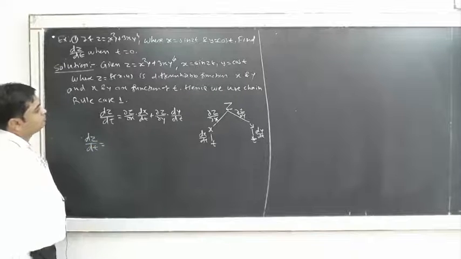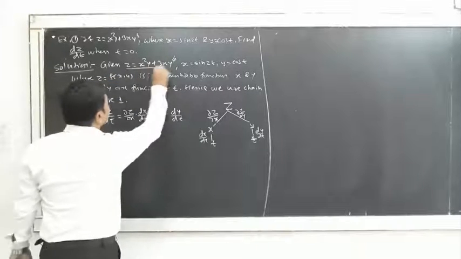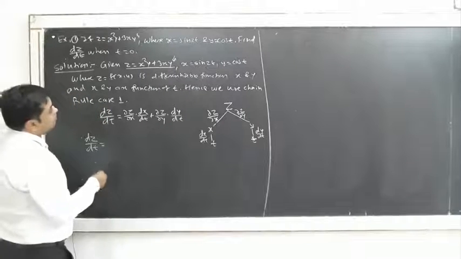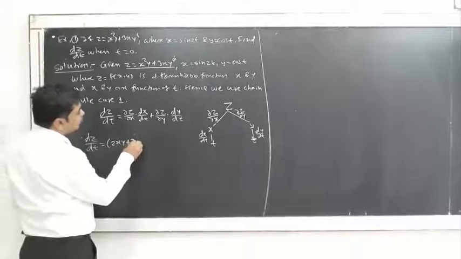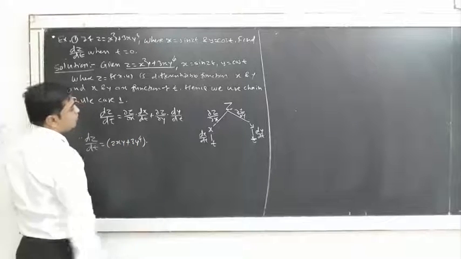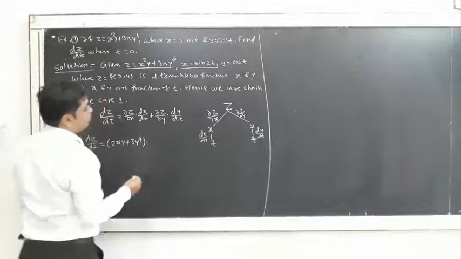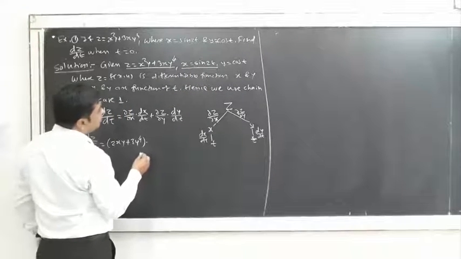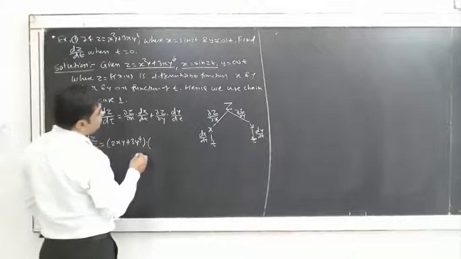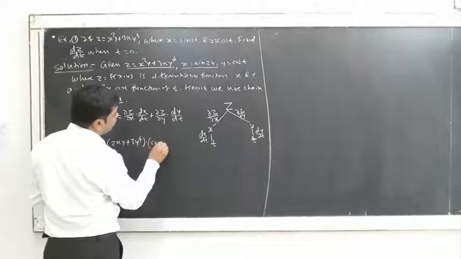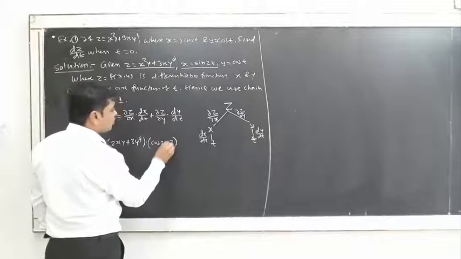Now find the derivative dz/dt. It is equal to ∂z/∂x. This is our z, so differentiate with respect to x, keeping y constant. So it is 2xy plus 3y raised to 4, times dx/dt. Take the derivative of x with respect to t: the derivative of sin 2t is cos 2t times 2, using the chain rule again.